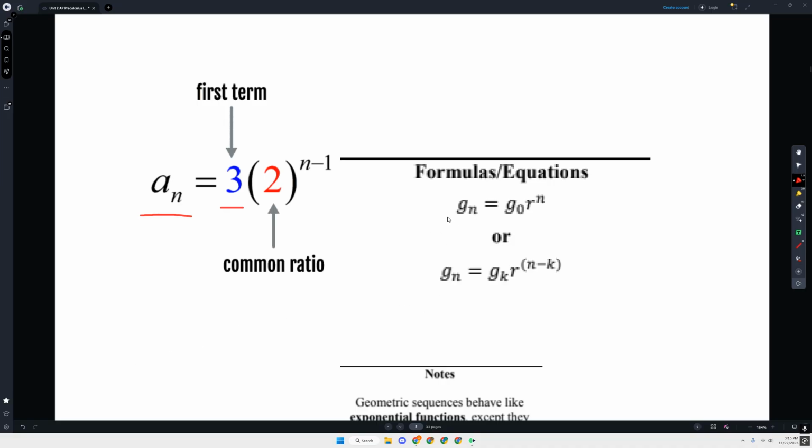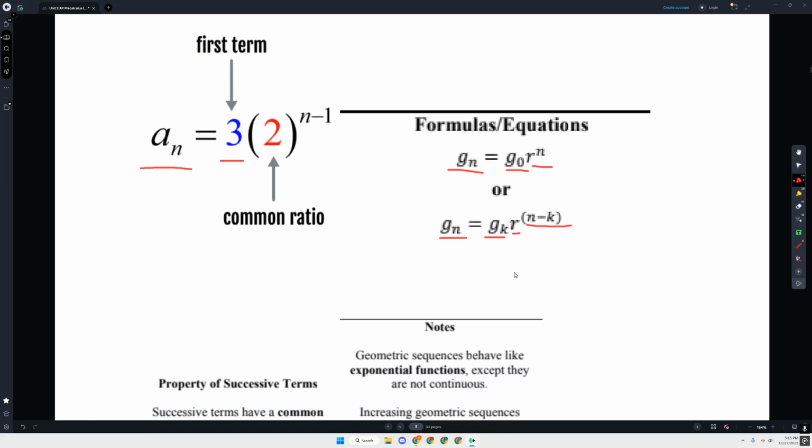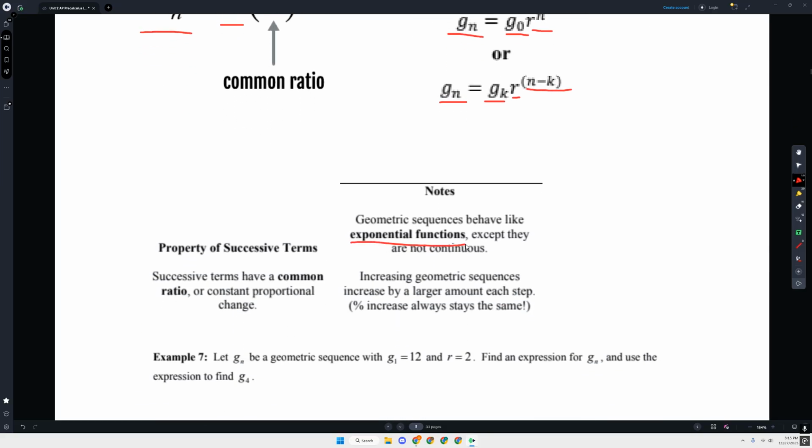Your two formulas for this would be g_n is equal to the first term times r^n, or if you start with a different term, g_n is g_k times r^(n-k). And note, these are more like exponential functions, except they're not continuous. So if you had an exponential function like this, now it's just points. And they always increase by a larger amount each time, and the percent increase stays the same, which is just your r value.